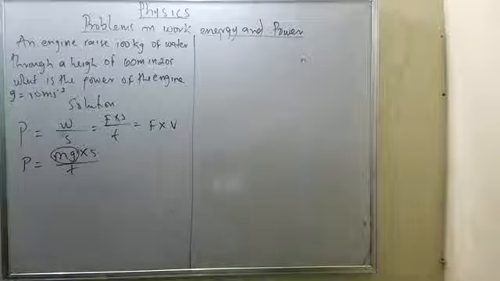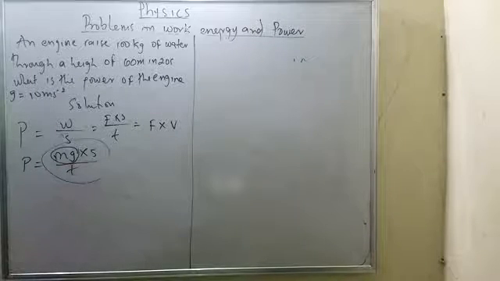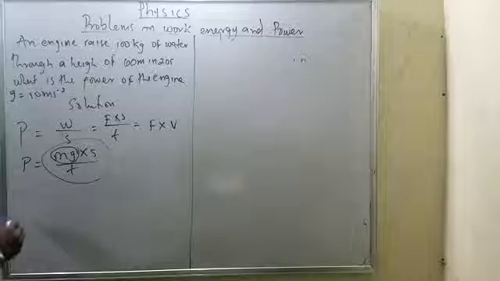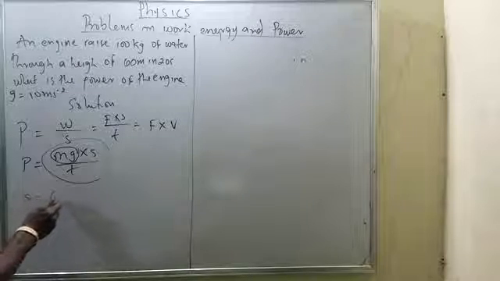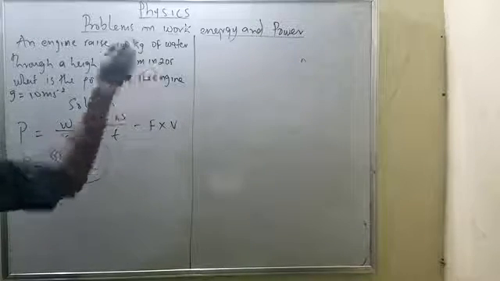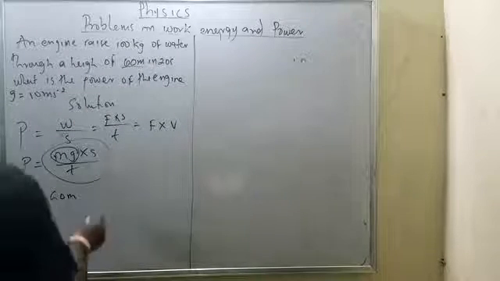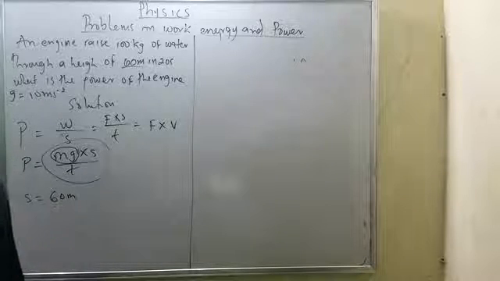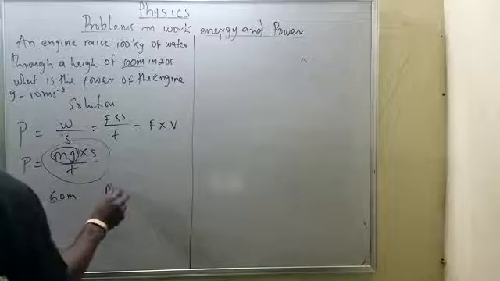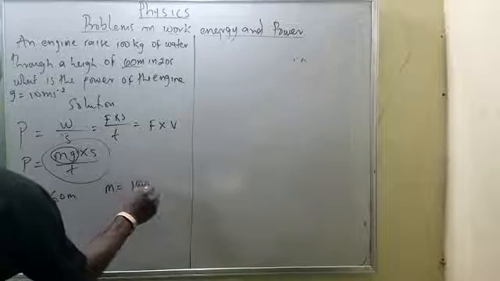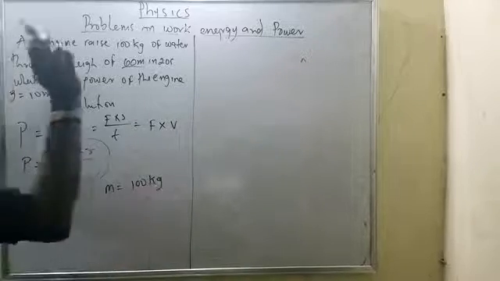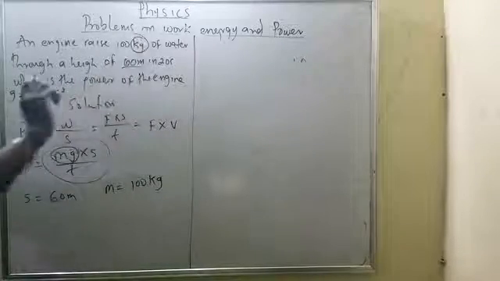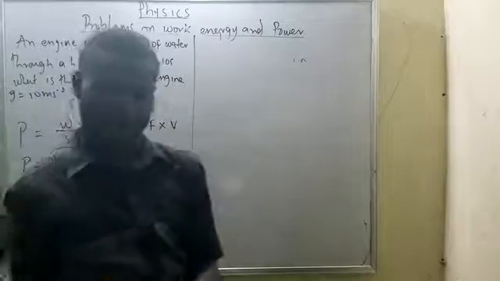Now, with this, I can say that this is very useful for me because I have my x at 60 meters, my distance at 60 meters. What again do I need? My m as 100 kg. Please take note of this. If this one is in gram, there will be a problem. You have to convert.